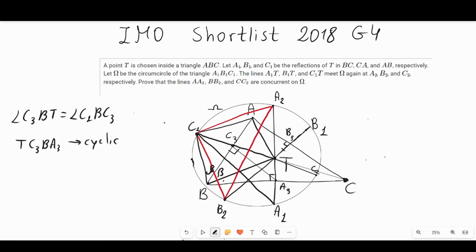So angle TBC3 equals angle TA3C3. Call this beta. And because we know that A3C3 is parallel to A1C1, this means that angle C1A1T must also be beta.